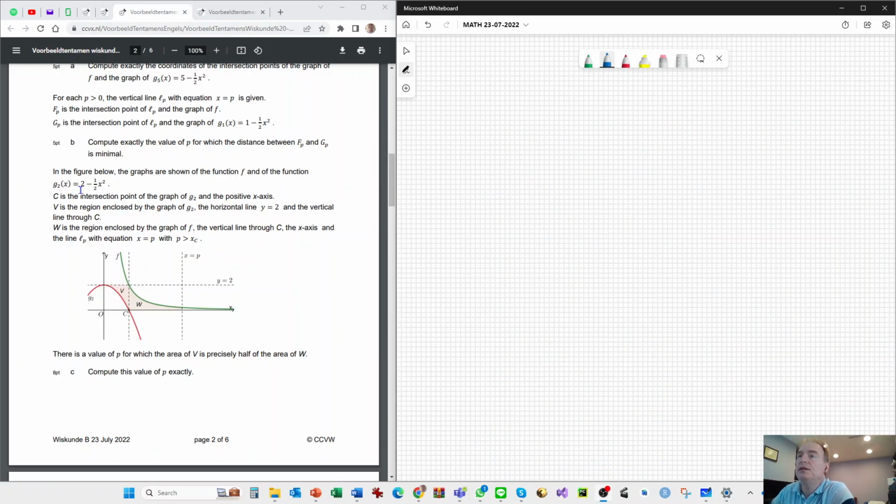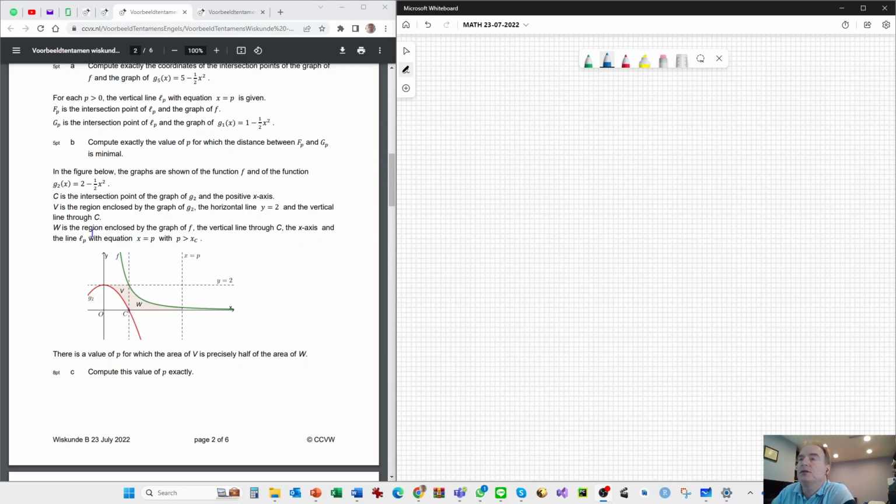Question 3c. In the figure below we have another function g2, so a is 2, and you can define a point C which is the intersection of g2 with the positive x-axis, and there phi is a region enclosed by g2 and the horizontal line y equal 2 and the vertical line through C. So try to visualize all that.